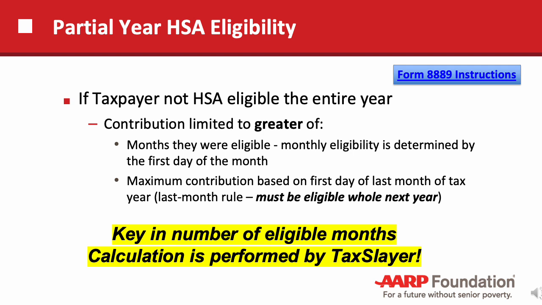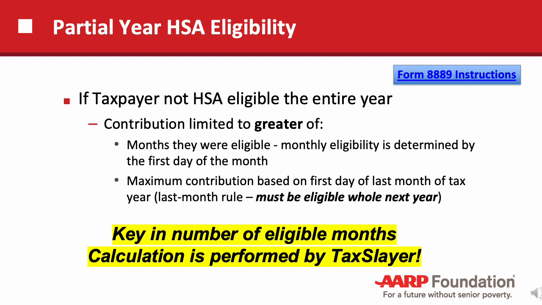So what this is, if they were eligible on the 1st of December, let's say 2023, and they were eligible for the month of December 2023, then they can use the maximum contribution limit for 2023, the entire year, as long as they remain eligible for the entire next year.